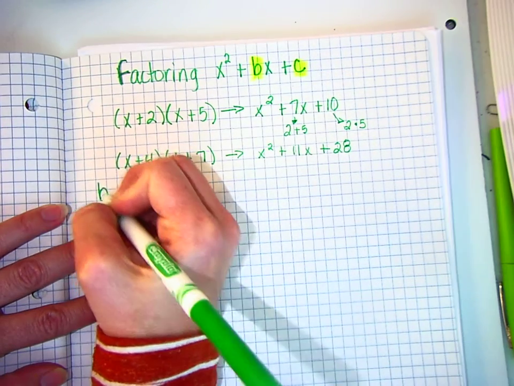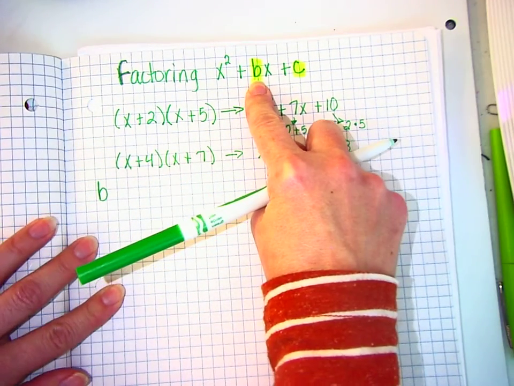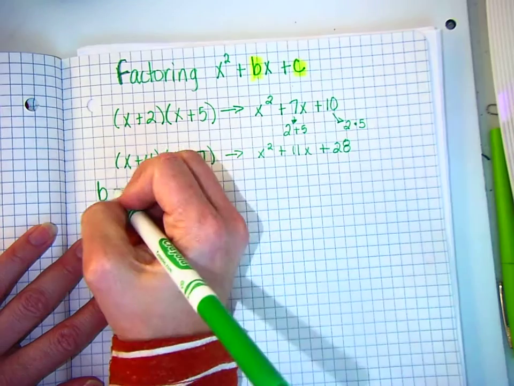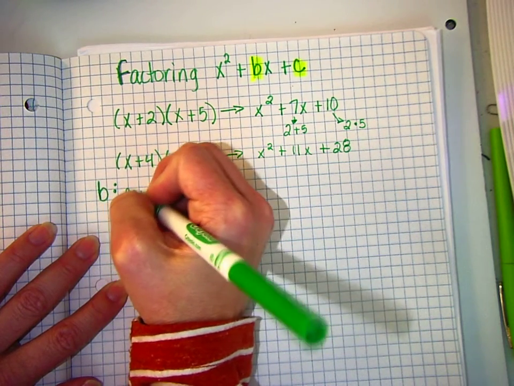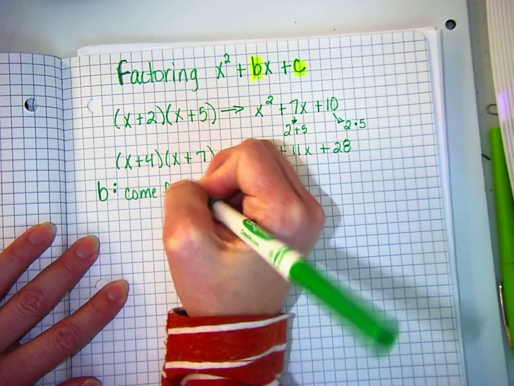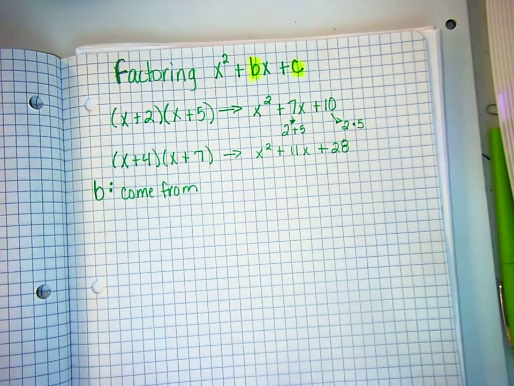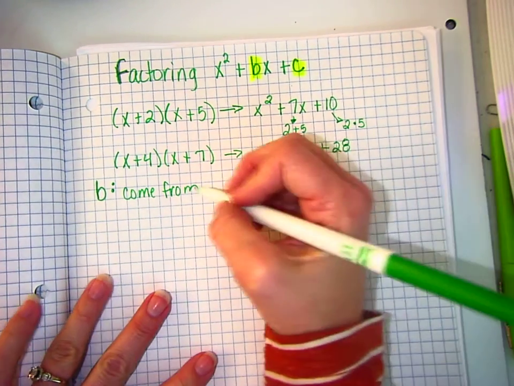B, the letter that's being multiplied with just x, that's going to come from adding the two constant terms in the binomials.